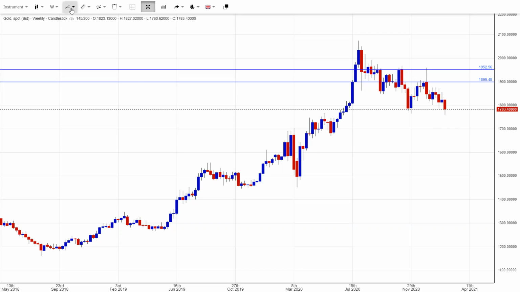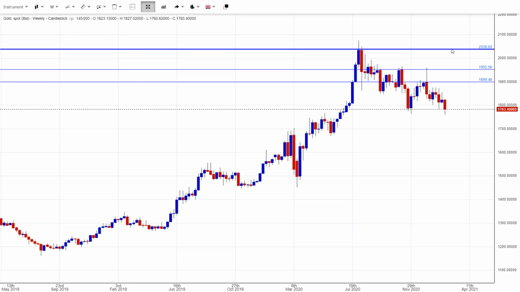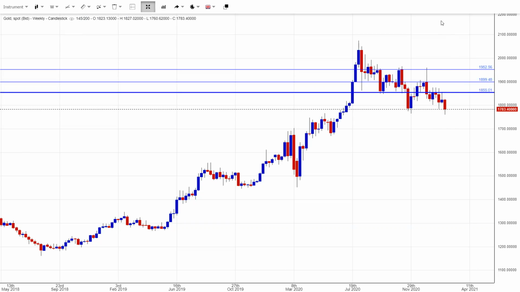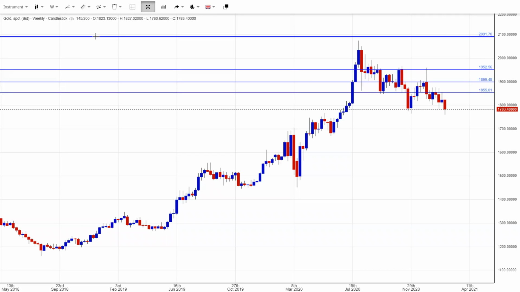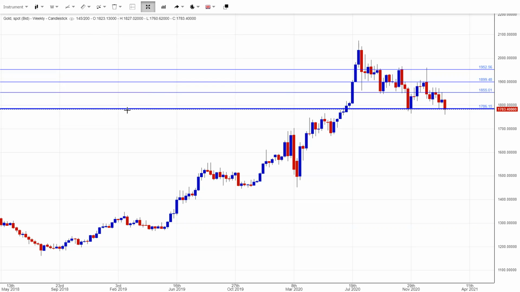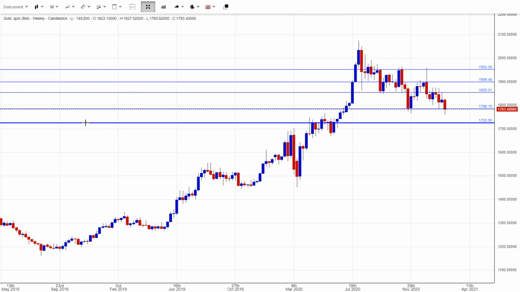So I'm going to be putting extra lines at the key levels that we need to be observing. That's two, three. Here's another one, the base of this candle here, and another here.